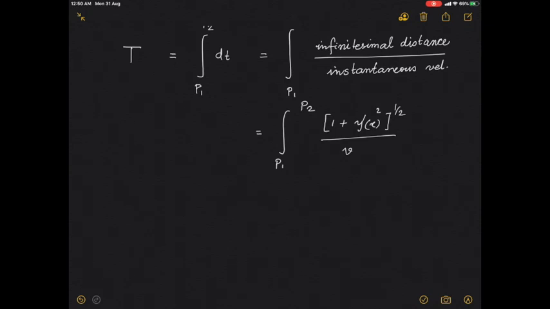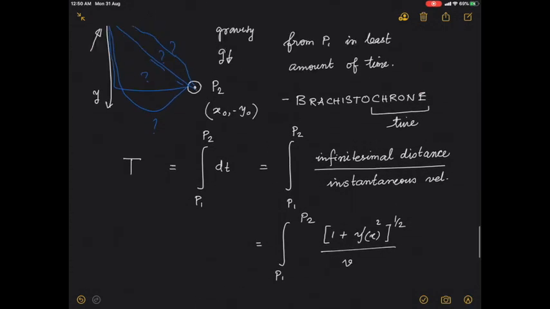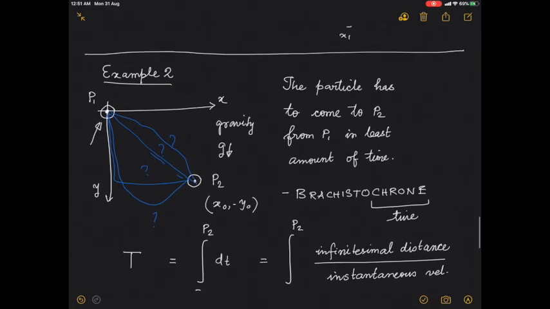Then I can write that as half mv squared minus gy, and this is the constant energy, right? Now you see, gy is the potential energy.